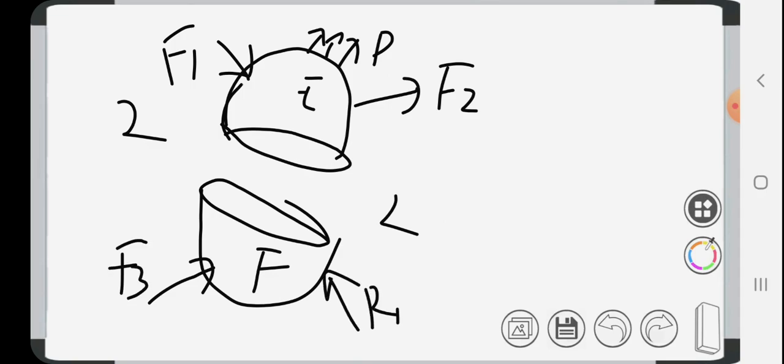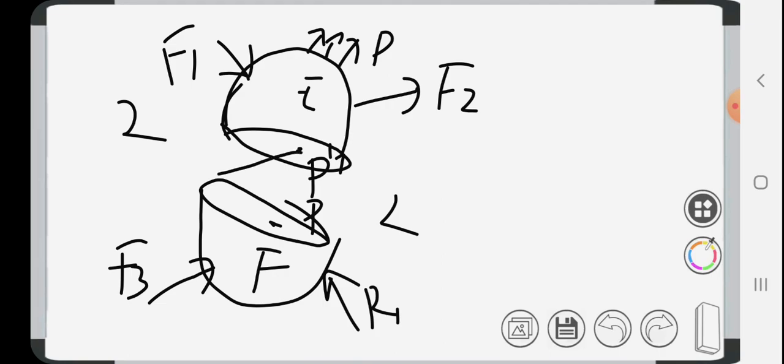For the same point P and P dash, I have chosen another plane. Instead of 1 1, I have chosen 2 2. So 2 2 has a different orientation. So what will happen?